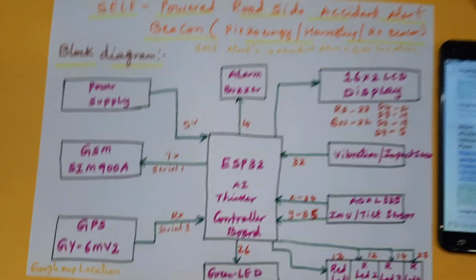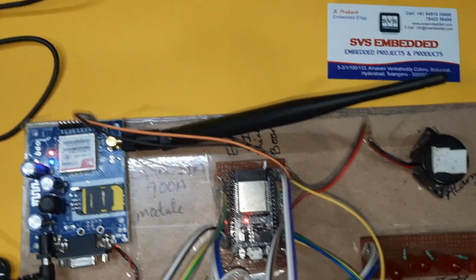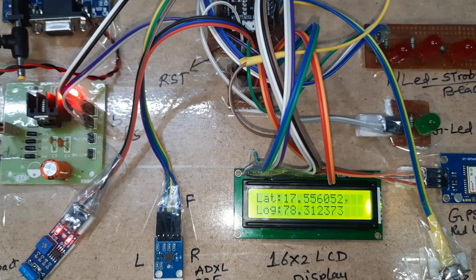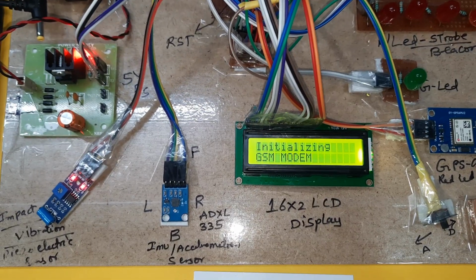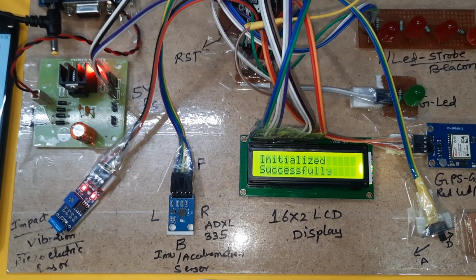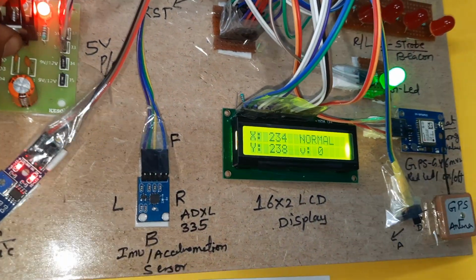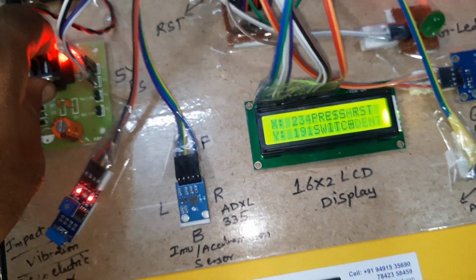So this is our total block diagram of the project. Right side bending: right accident.